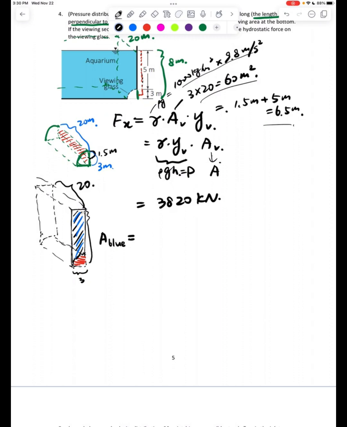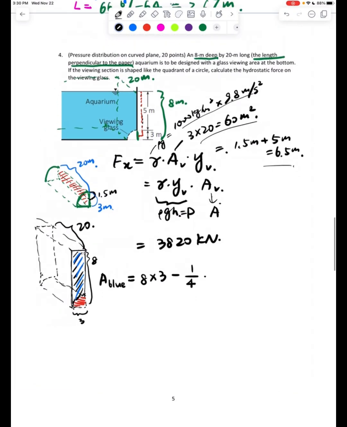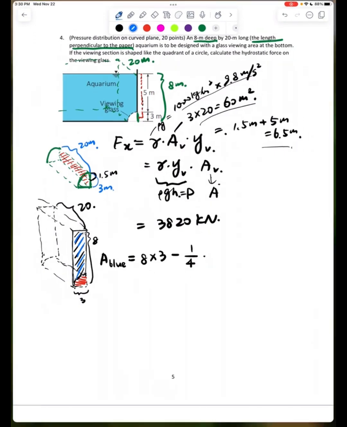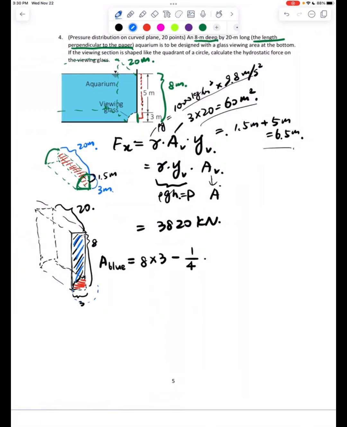It equals 8 multiplied by 3 minus a quarter, 1/4 multiplied by pi r squared, where for this circle, r equals 3.